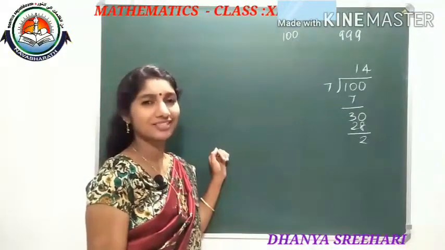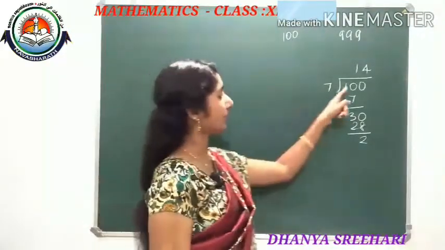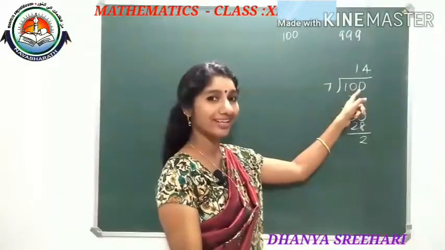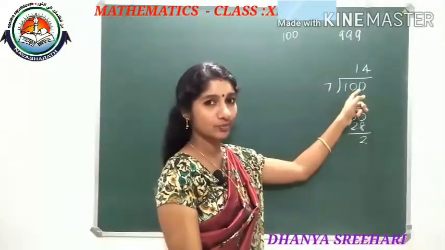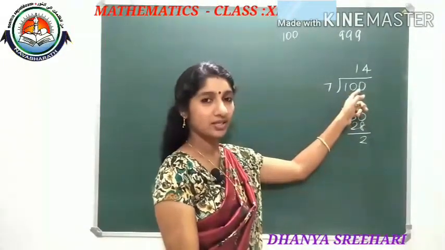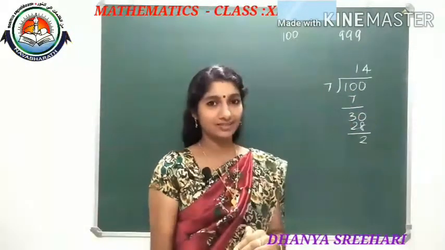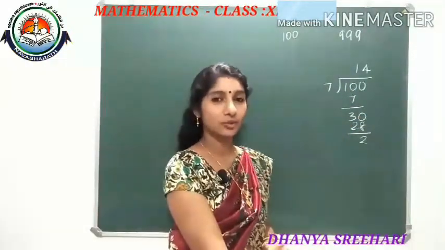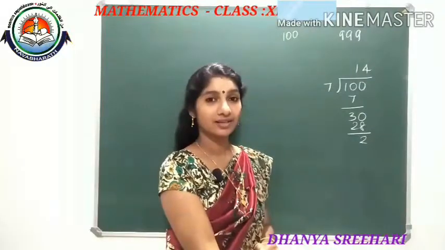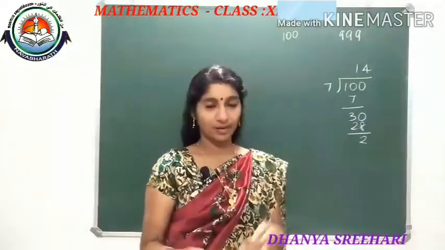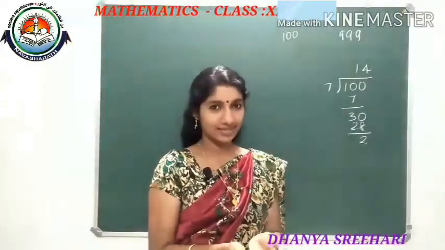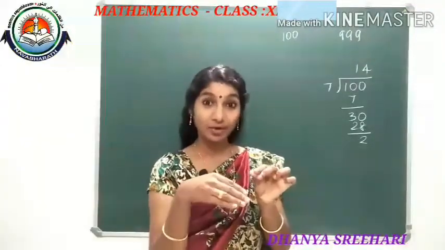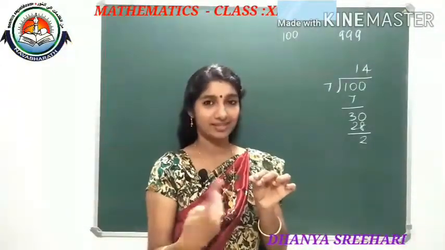Then which number will be divisible? See, out of 100 we can take 14 sevens, balance 2. Then how many more are required to make it divisible by 7? 2 we got extra. Out of 100 we took 14 sevens, balance 2. 5 more is required to make it 7, isn't it?